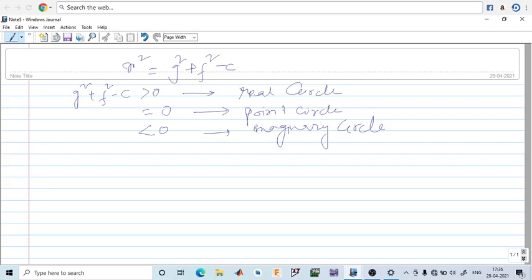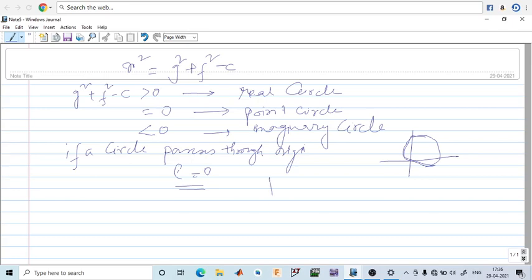So if a circle passes through the origin, suppose like this. I'm not good at drawing, but still trying. Suppose the circle is like this, then the constant term is always 0, right? Suppose the circle is touching the x-axis.